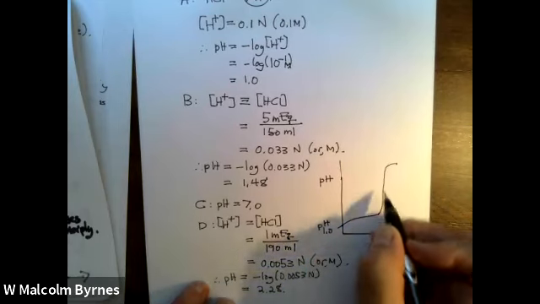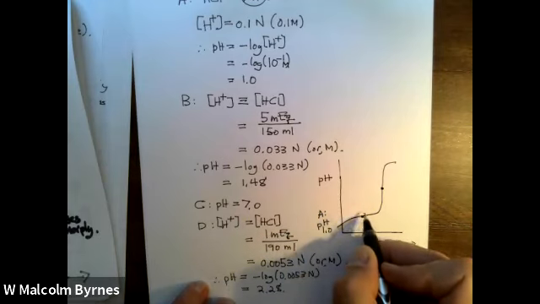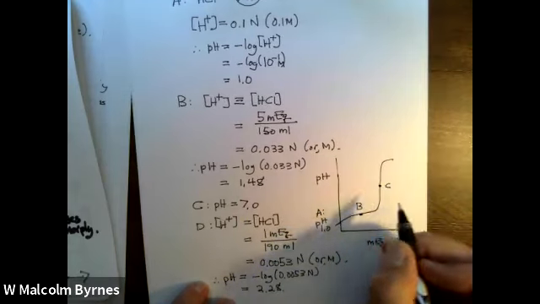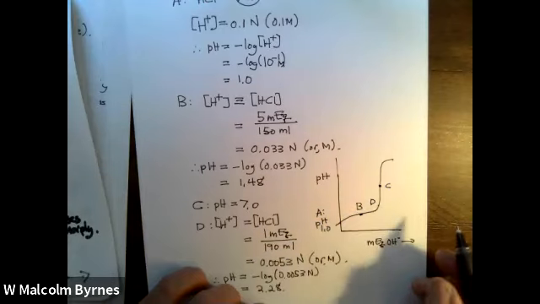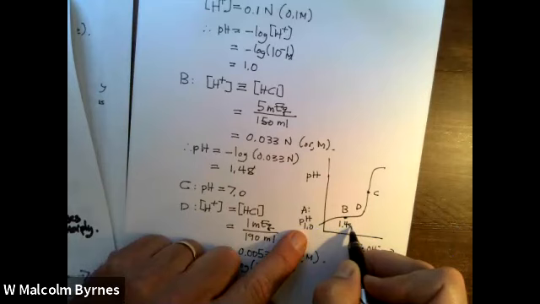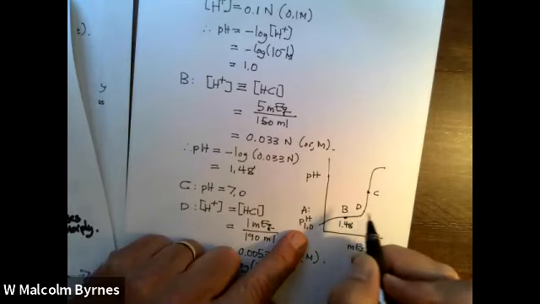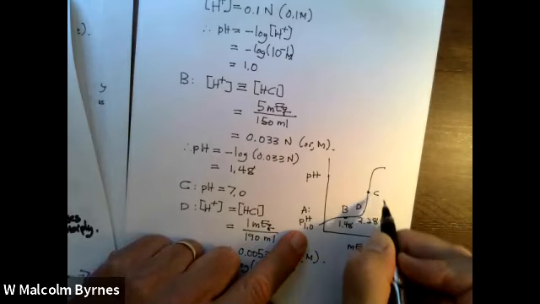Then the different points, point B, C, and then D was here. So pH goes from 1 to 1.48 to 2.28, and then to 7.